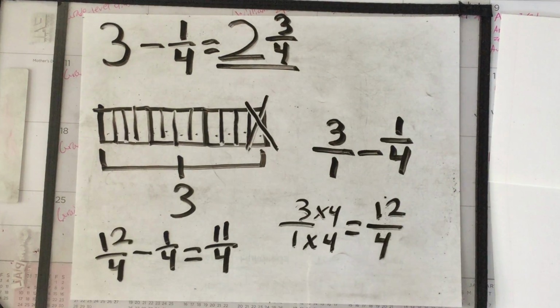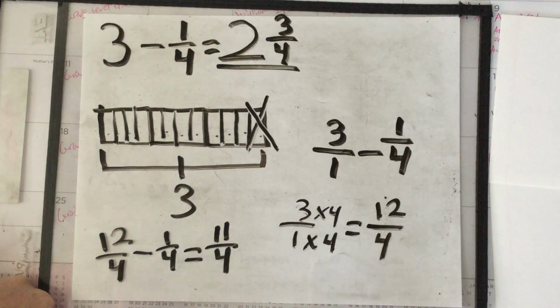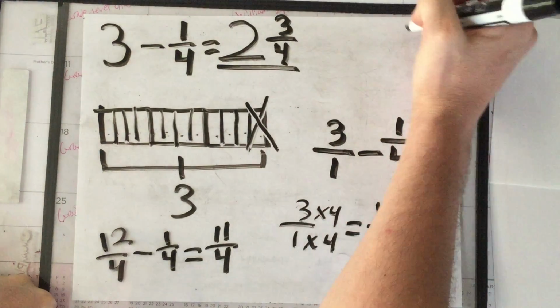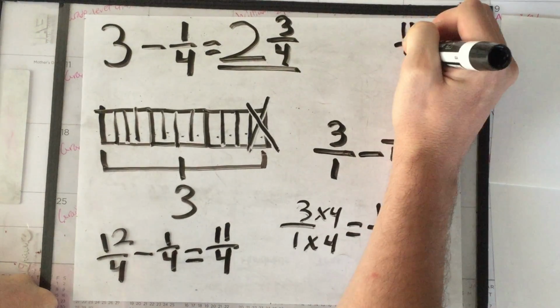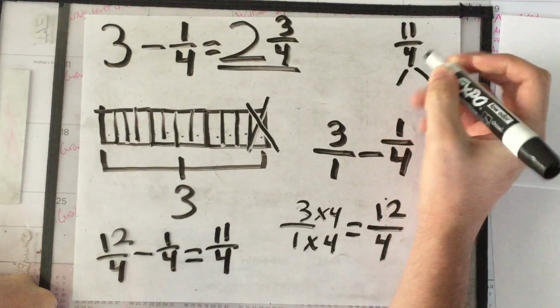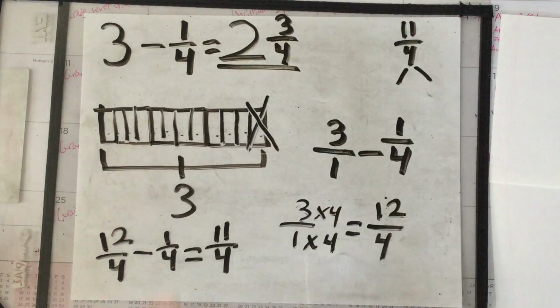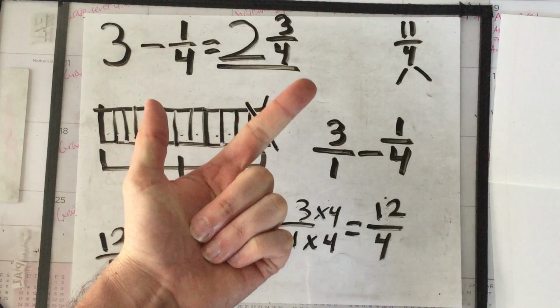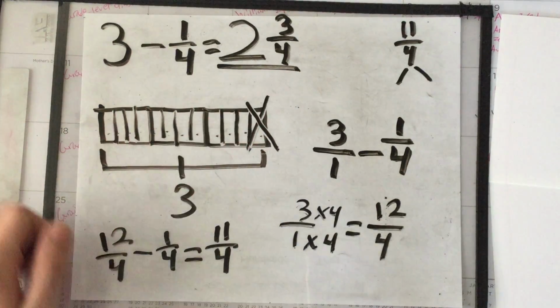Now, this method has a lot more work to do, because now that we have this improper fraction, we would have to turn it into a mixed number, which is a video that I have already done. And if you're having trouble with it, I hope you watched it. If we were to convert this improper fraction into a mixed number, I can take out 2 whole pieces, because 4, 8 is as close as I can get to 11 without going over.